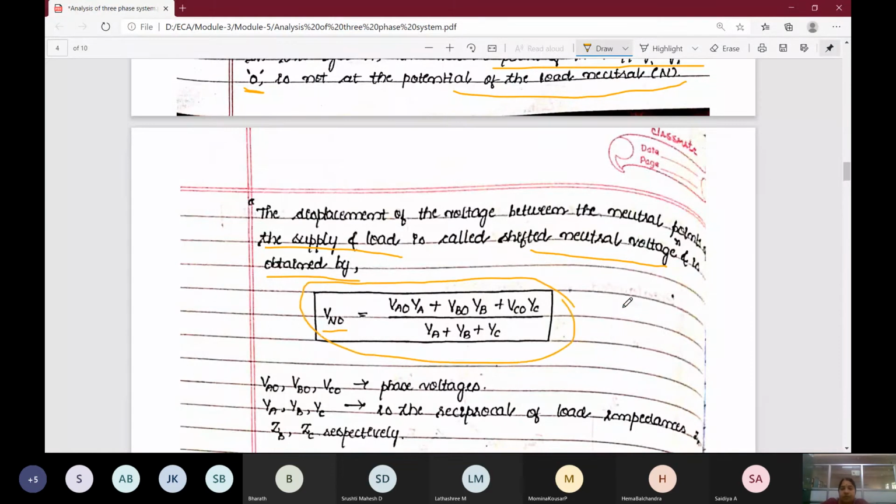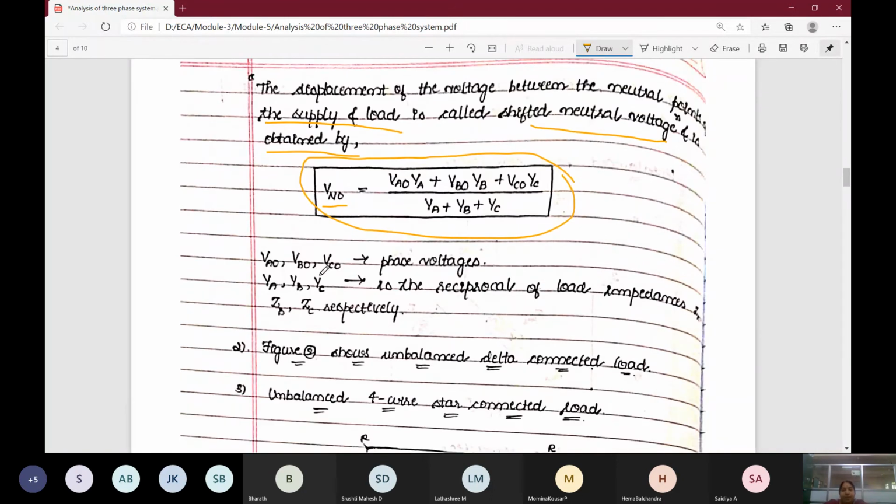The same formula is used here: VAO, VBO, VCO with their admittances YA, YB, YC divided by YA plus YB plus YC. Here VAO, VBO, VCO are nothing but the phase voltages, and the admittances are the reciprocals of the load impedances. That is, ZA, ZB, ZC give YA, YB and YC.